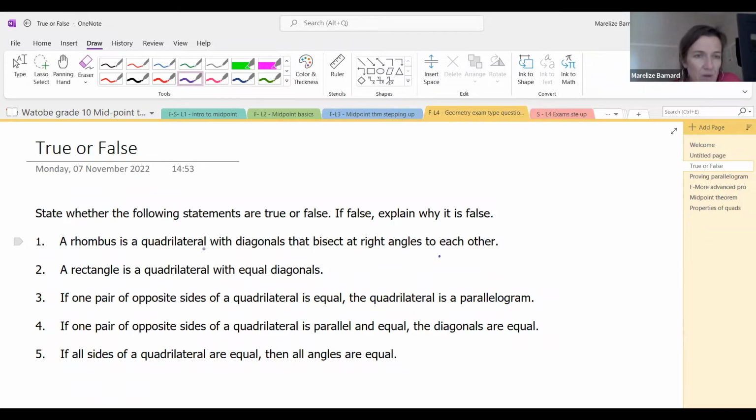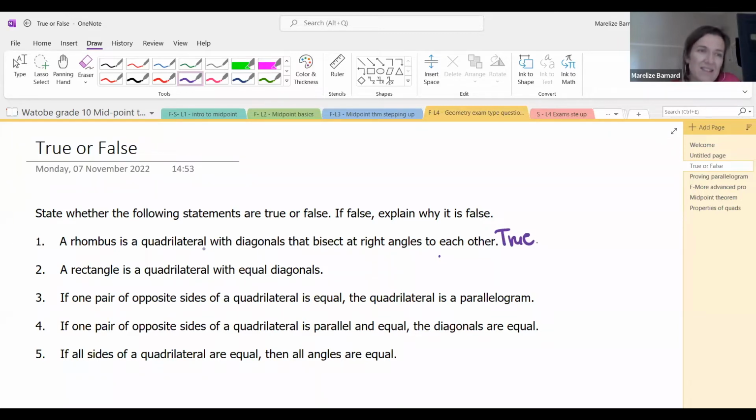People are saying false, false. Okay, let's remind ourselves of the properties of a rhombus. It's got all the sides equal, and then indeed its diagonals do bisect at right angles. So it is actually true.